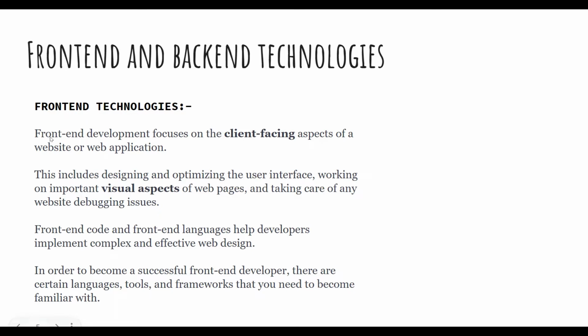Working on important visual aspects of web pages and taking care of any website debugging issues. Front-end code and front-end languages help developers integrate complex and effective web design. In order to become a successful front-end developer, there are certain languages, tools, and frameworks.